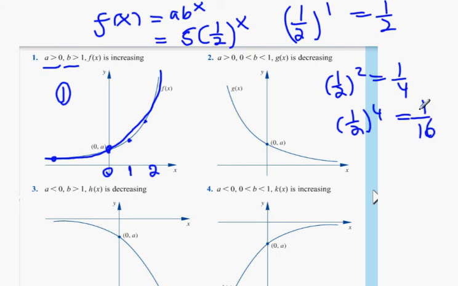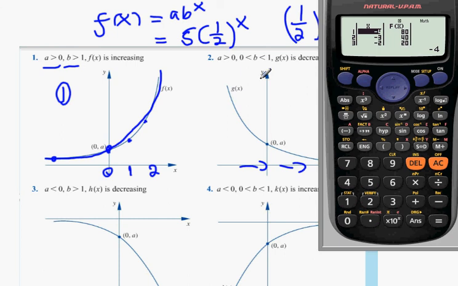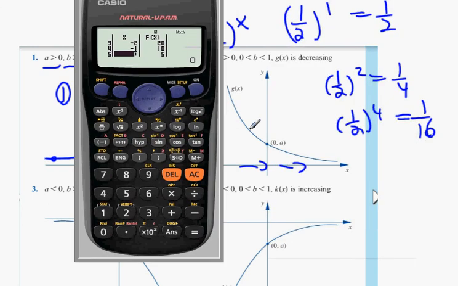It gets smaller and smaller and smaller as the x value gets bigger. So look what happens in the tables. At minus 4 it's at 80. Minus 3 it's at 40. Minus 2 it's at 20. Minus 1 it's at 10. 0 it's at 5. And then after it crosses, it gets smaller, smaller, smaller.